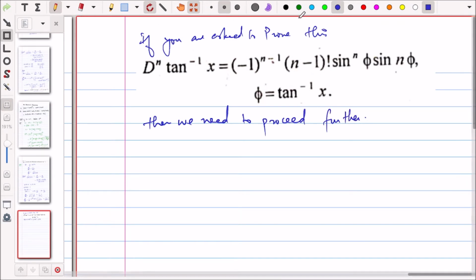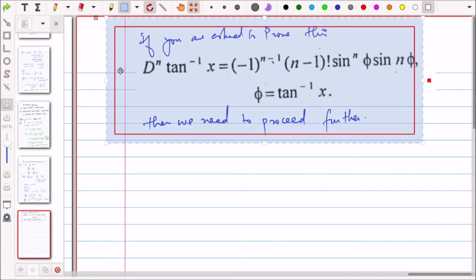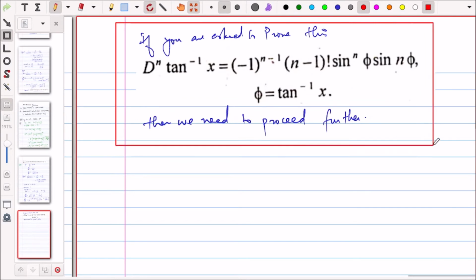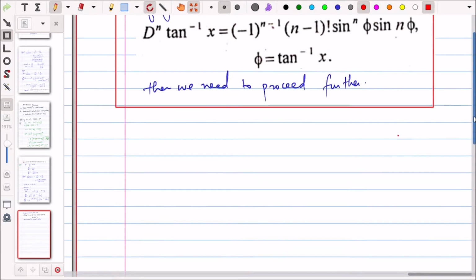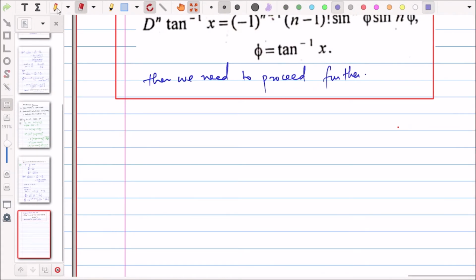If you are not asked to prove this, then you can simply stop there and that will be your answer. That is also sufficient, right? Okay, so now because we are completing it, that's why we are doing it, but you can simply stop it there if you are not asked.